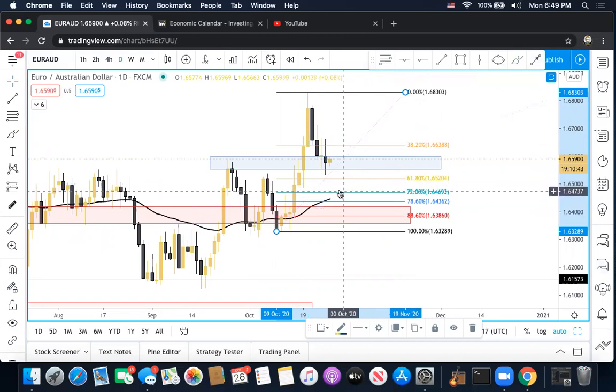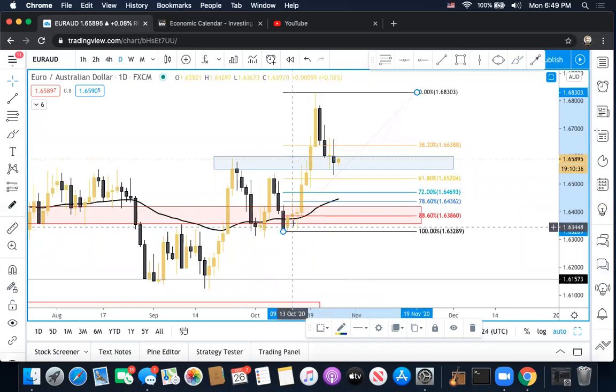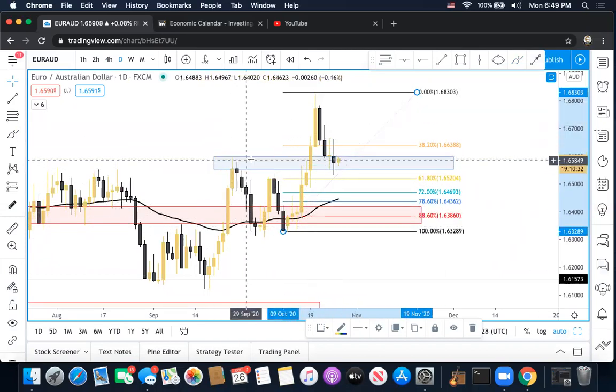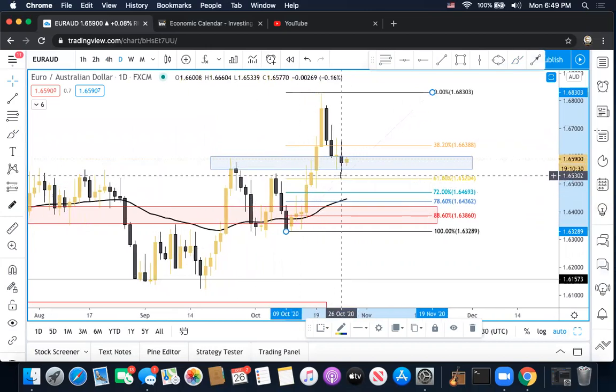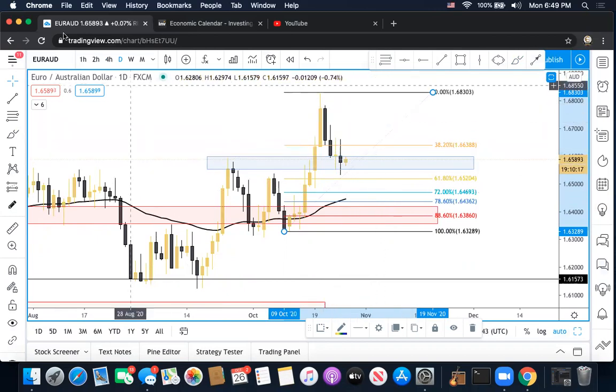So the 72, because this was a strong bullish move for like a whole week straight that broke above this resistance level right here. So yeah, I'm just going to wait to see more confirmation because even if the market breaks to the downside, that's still going to be a 100+ pip move. And then if it moves to the upside, it's going to be another 200, 300 pips to the upside if we get that confirmation.